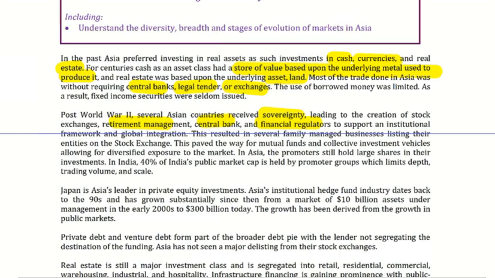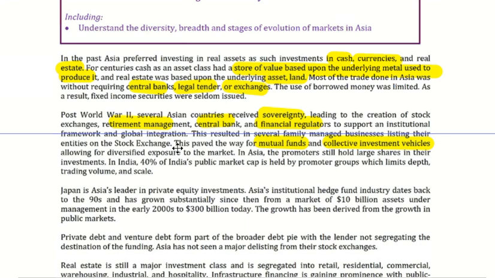As a result, several family-managed businesses listed their entities on the stock exchange, which made for a vibrant stock exchange, paved the way for mutual funds and collective investment vehicles, and generally speaking, now you had a much more diversified market in Asia.